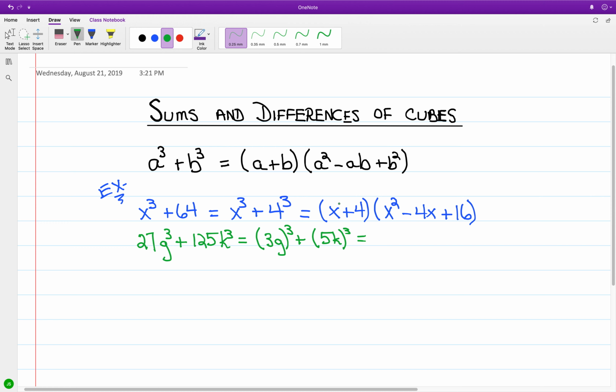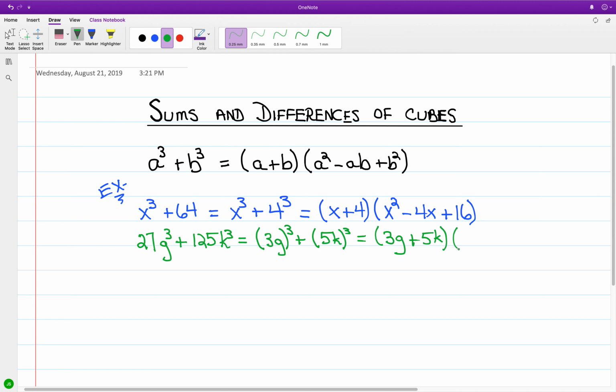So a is represented by 3g, b by 5k, and a plus b becomes 3g plus 5k.